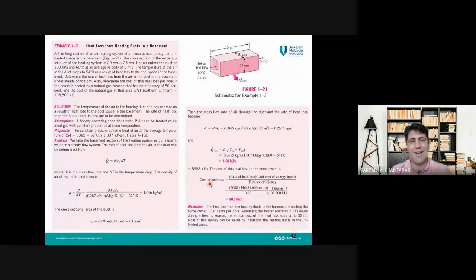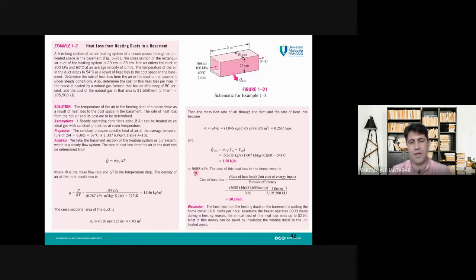So the cost of heat loss during this heat transfer process is equal to the rate of heat loss, this one, times the unit cost of energy input, how much the energy which comes from the furnace costs, divided by furnace efficiency. This is the equation which we use to calculate the cost of heat loss in this example.